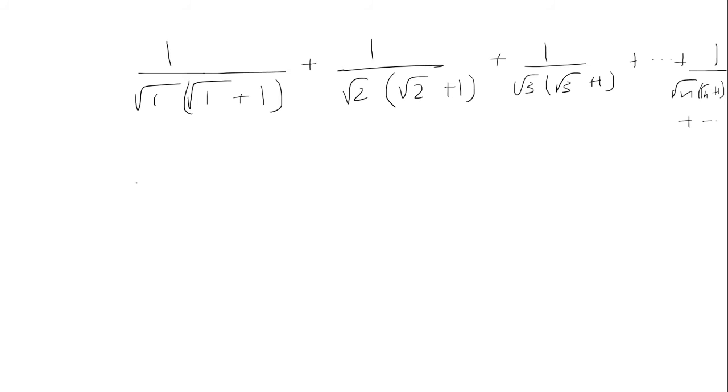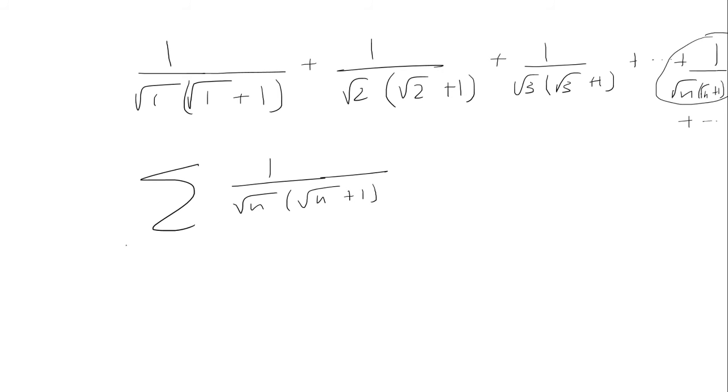Because they give us the nth term, we can just write that as the sum here inside, and it starts at n equals 1 to infinity. Okay, so n here is 1.